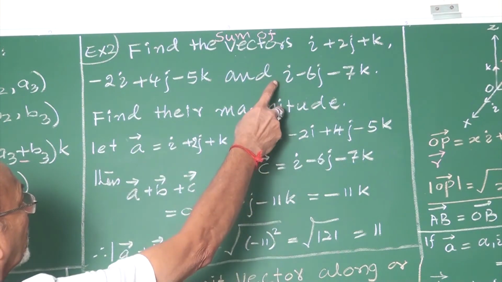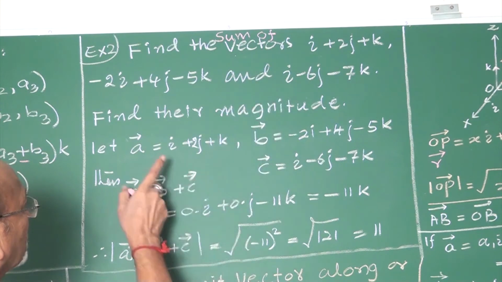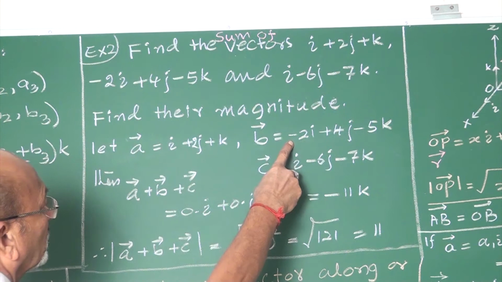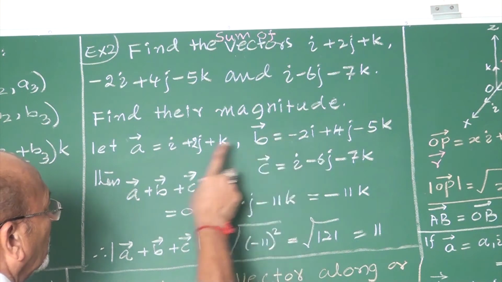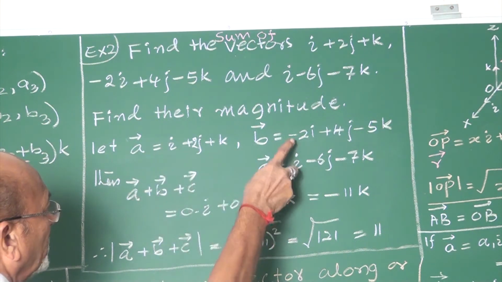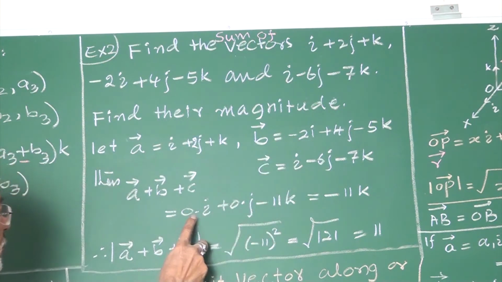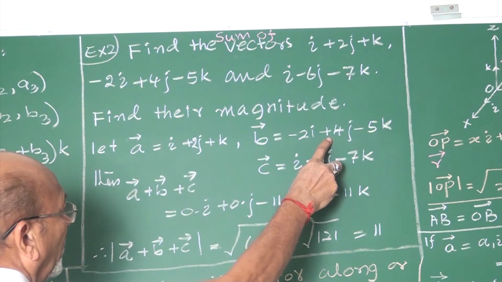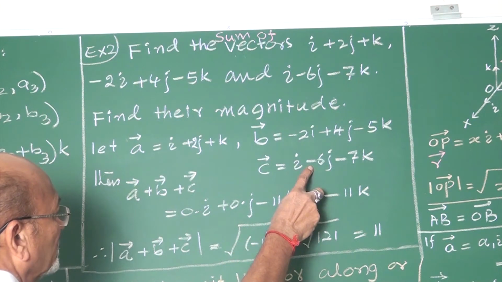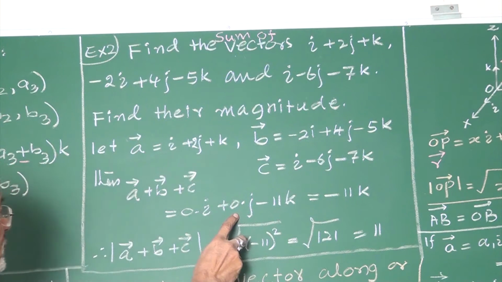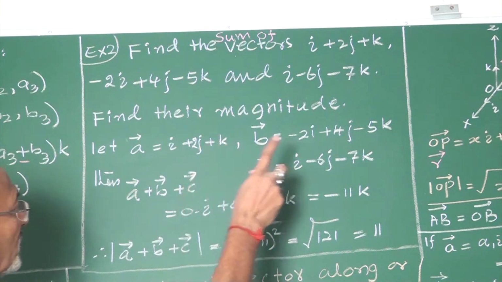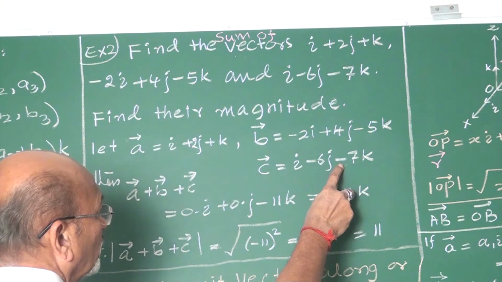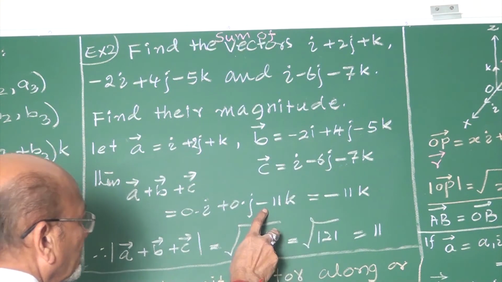Coefficients of i: 1, 1, minus 2 is 0 into i. Then 2j plus 4j minus 6j is 0 into j. Then k minus 5k minus 7k is minus 12k, plus k is minus 11k.